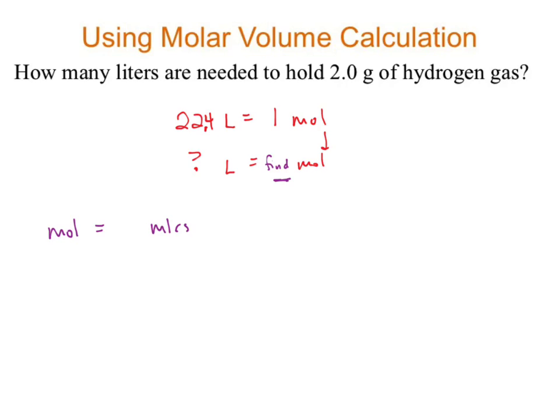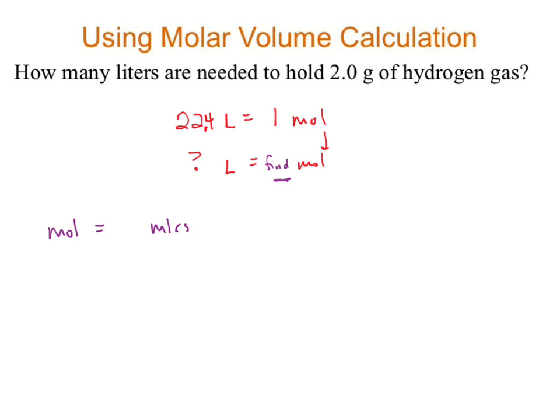It didn't ask for moles either. We're recognizing, because you memorized a conversion factor, that liters and moles were related. So I needed to know moles so that I could find the liters. But I don't know the moles, so that's why we brought in the moles. What unit should I pick? Grams.